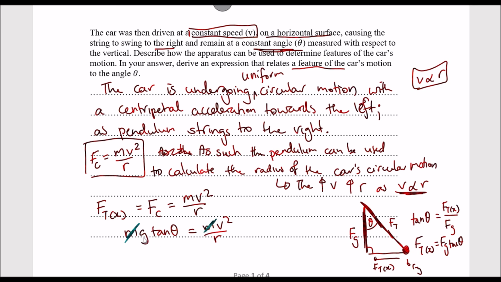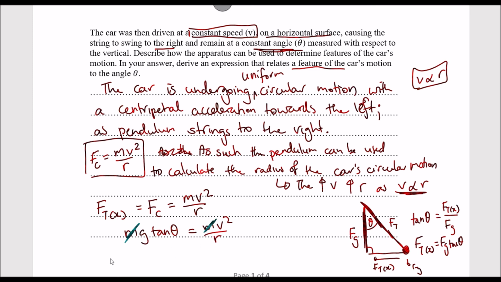We have g, acceleration due to gravity, tan theta. So you could even move tan theta over and work out the acceleration due to gravity, or you could say this relationship can represent the acceleration of the car, or you can work out the velocity of the car as well. This one we'll just look at the radius, okay?